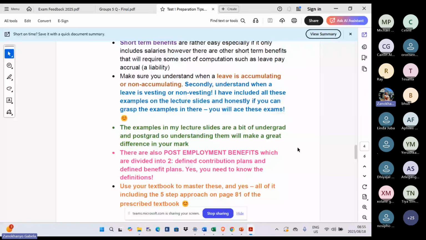It's because even in my undergrad and postgraduate years, I actually haven't learned myself about post-employment benefits. We're always told to ignore it. Not because it undermined our intelligence, but because post-employment benefits is one of the most intricate parts of IAS 19.